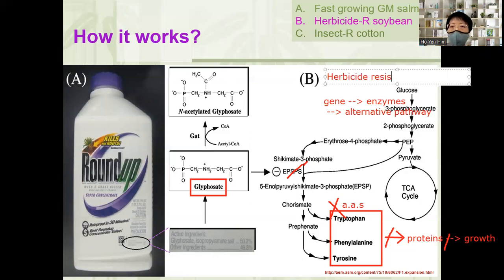Herbicide resistant, correct? So why is it resistant? Because now they have this enzyme that can allow them to synthesize these amino acids. So even though the farmers spray the herbicide, it will not affect this enzyme. So the plant will continue to produce amino acids and proteins and continue to grow.